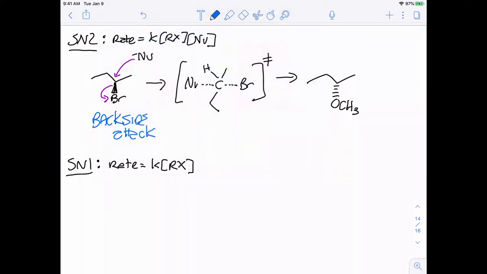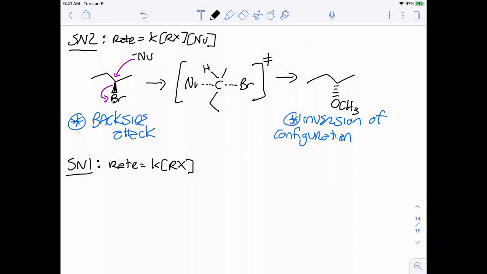So this has an inversion of configuration. If it was R, it's S when we're done. If it was S when we started, it's going to be R when we're done. So nucleophile and alkyl halide, both involved in that rate determining step. Nucleophile adds from the opposite side that my leaving group leaves, resulting in an inversion of configuration.